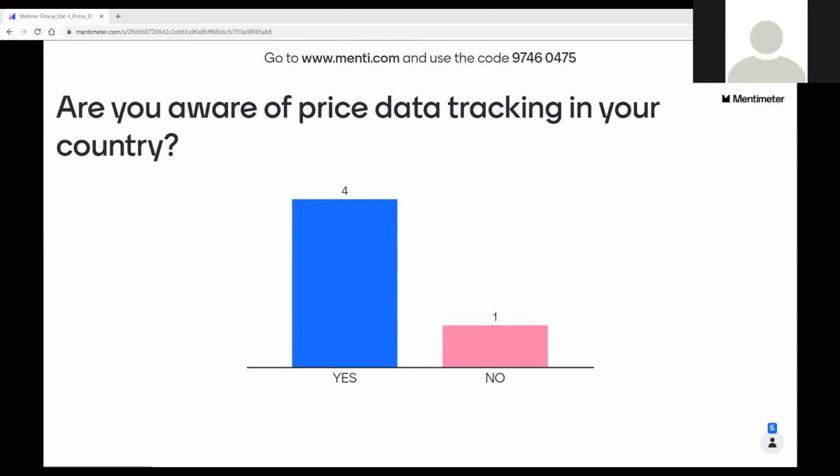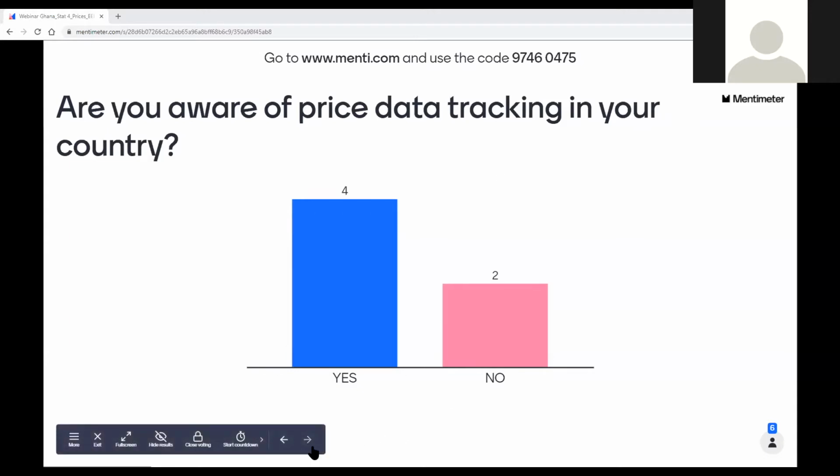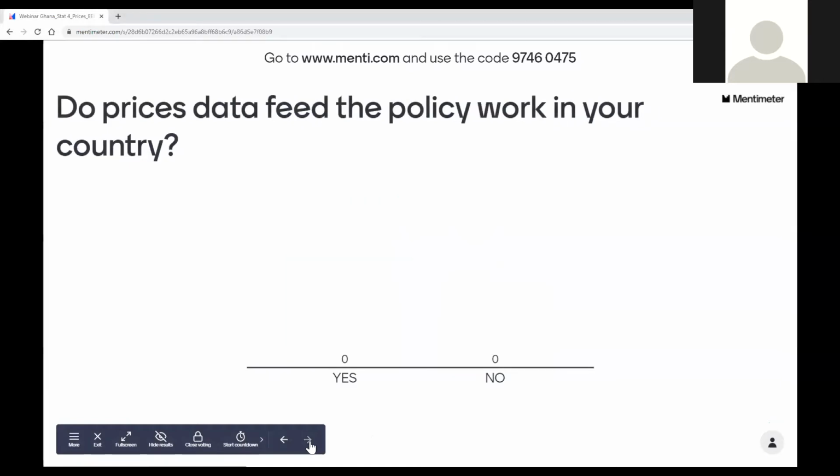So I don't know if it's on your side, Lamin Maron, the issue. So very good. So we have more people that are aware of prices data collection.